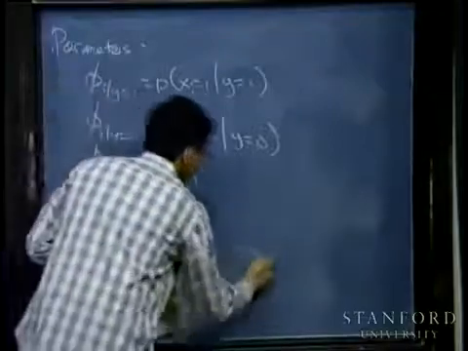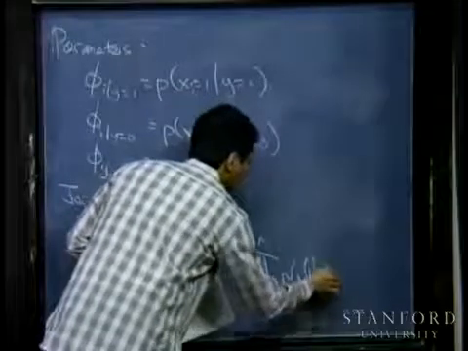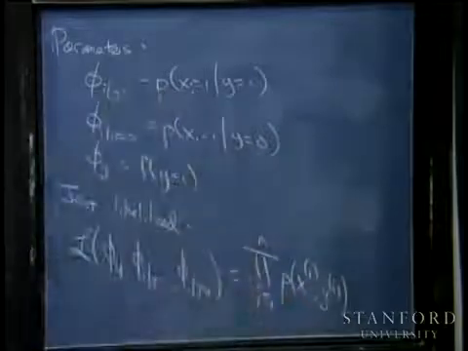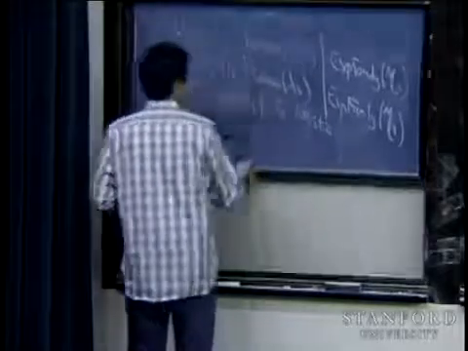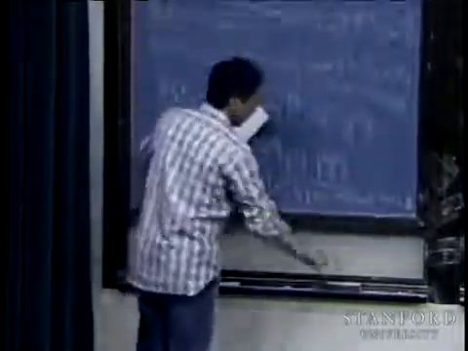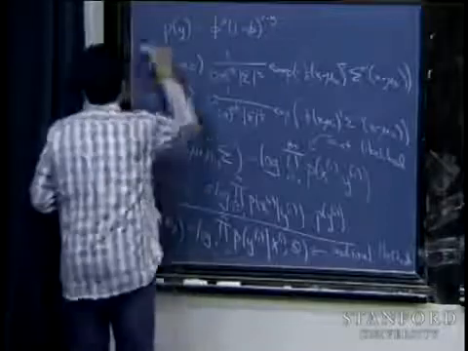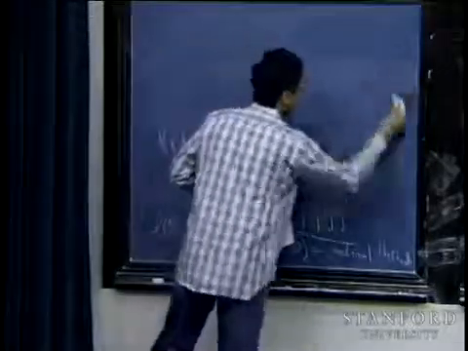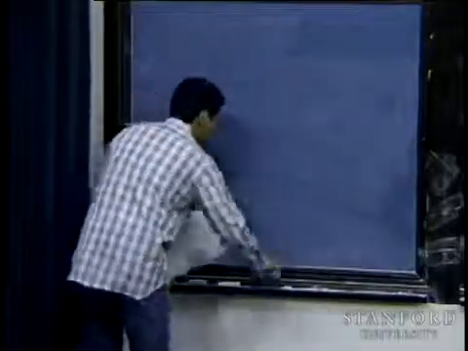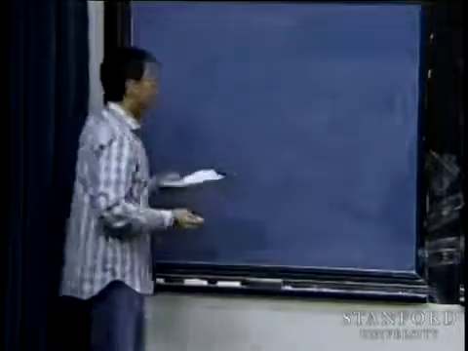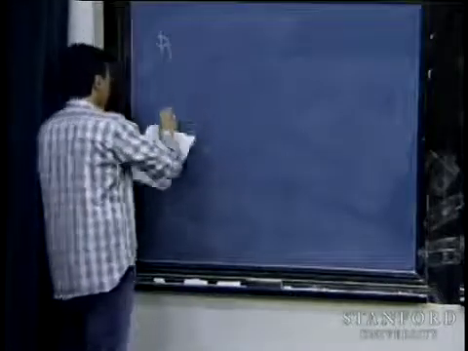Is equal to, as usual, so given a training set, you can write down the joint likelihood of the parameters, and then when you do maximum likelihood estimation, you find that the maximum likelihood estimates of the parameters are pretty much what you'd expect.